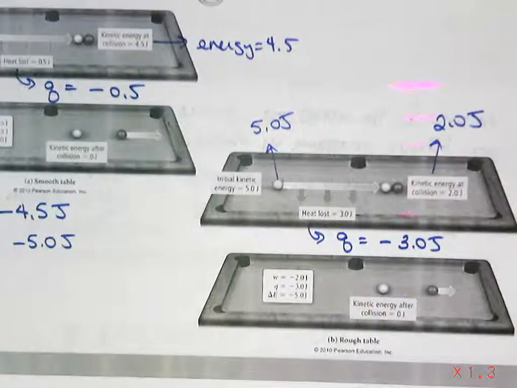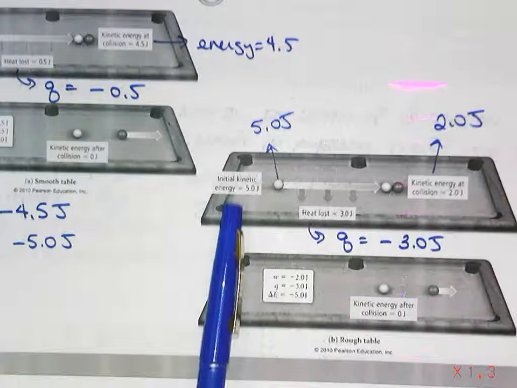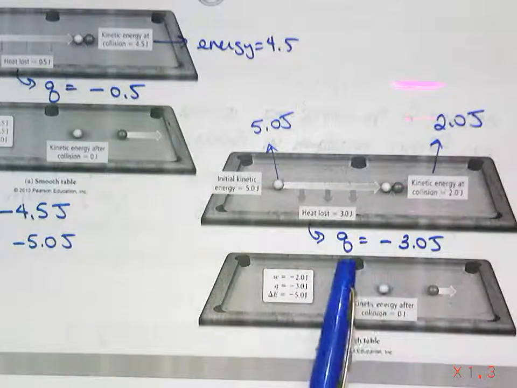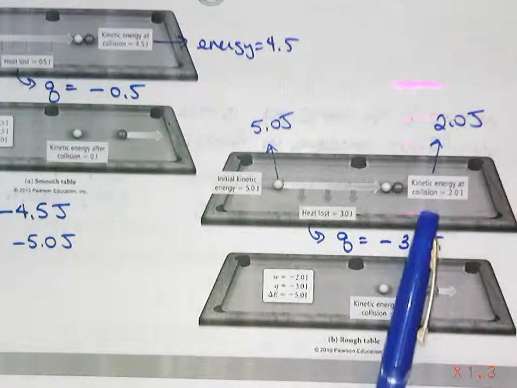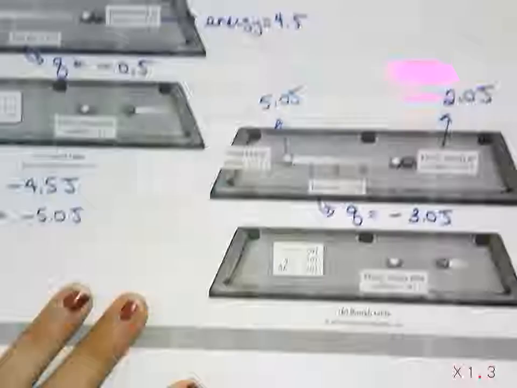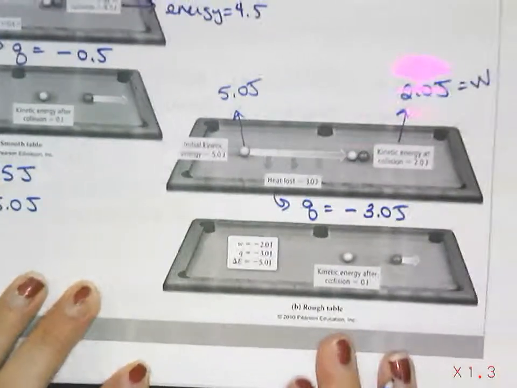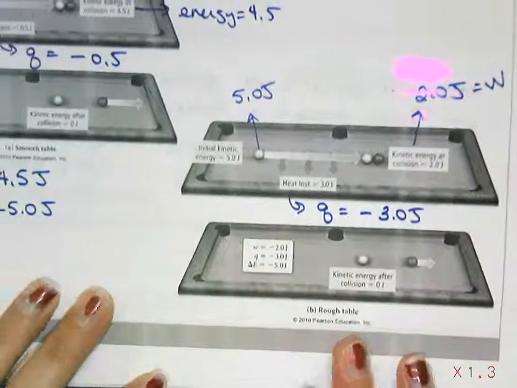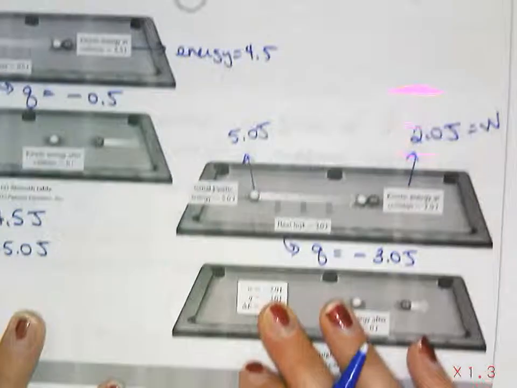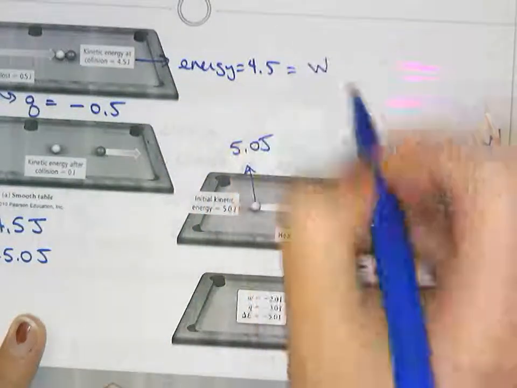So same thing, I'm still going to start off with 5, but now more of the energy has gone to heat, so I have less energy to hit the other ball with. They still end up with 5 overall. So my W is now 2, where before my work energy was 4.5.